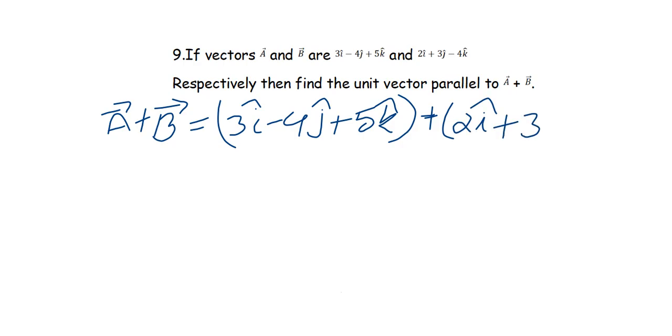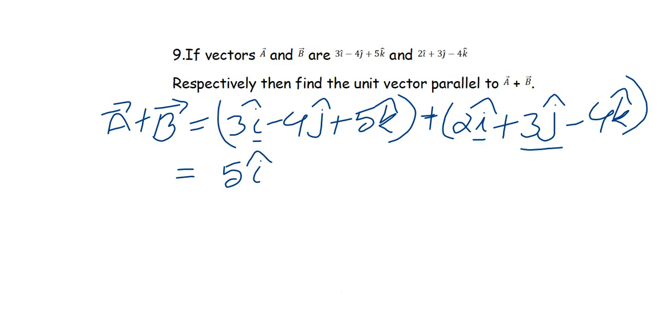So add the I components: 5i cap minus j cap plus k cap. So this is A bar plus B bar.